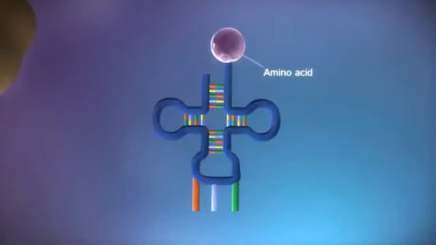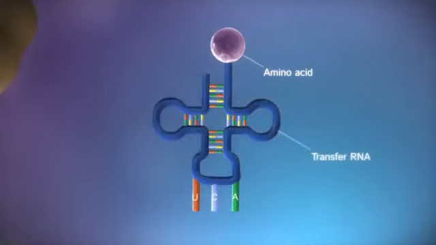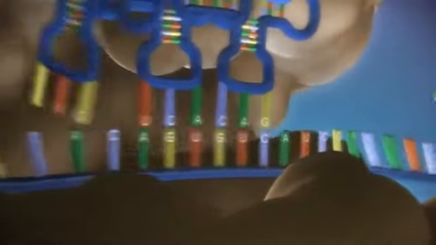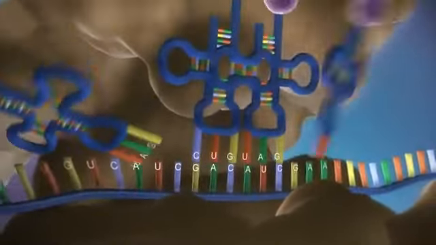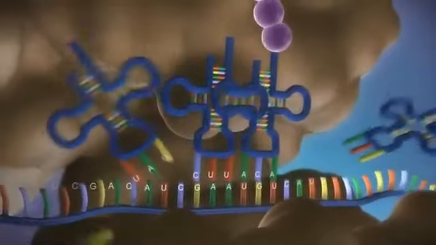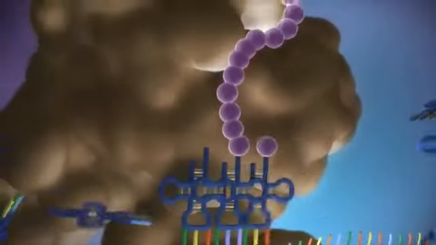There are 20 different types of amino acid. Transfer RNA molecules carry the amino acids to the ribosome. The messenger RNA is read 3 bases at a time. As each triplet is read, a transfer RNA delivers the corresponding amino acid. This is added to a growing chain of amino acids.